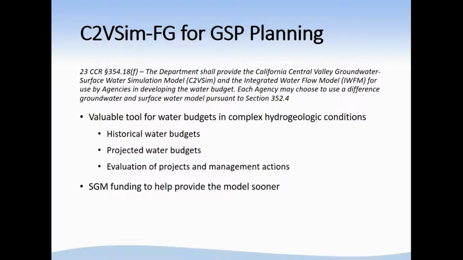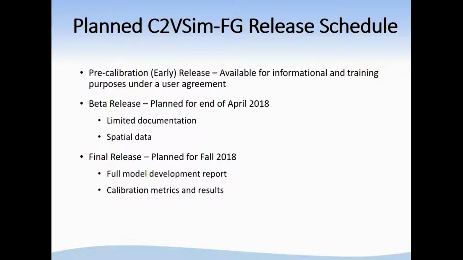And we have some funding from the SGMA group to contribute to the calibration, so that we can actually push it out a little bit earlier. So currently we have what we call an early release, a pre-calibration release. We got several requests. People understand that it's not calibrated yet, but they want to familiarize themselves with the model, so they want to have access.